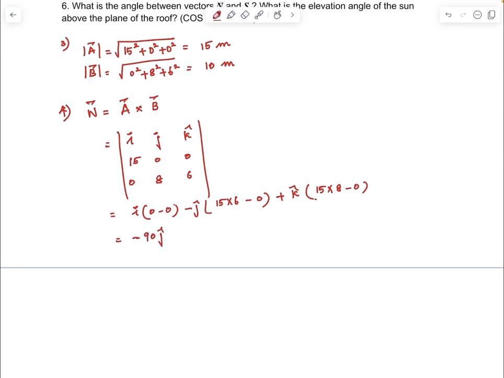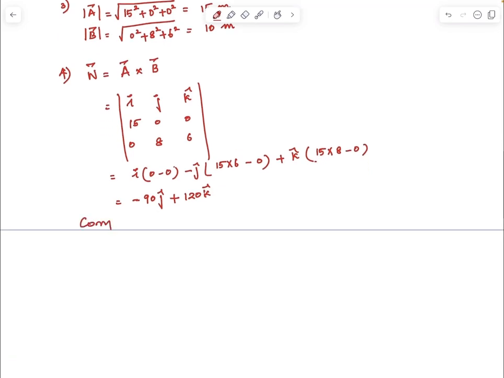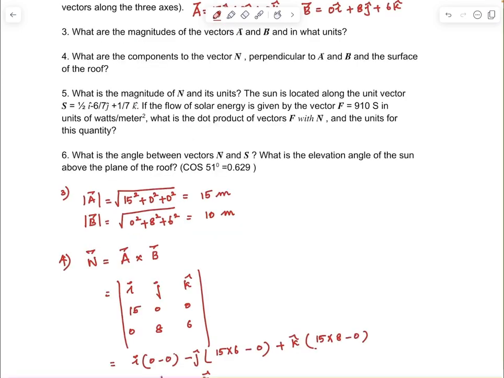So it's minus 90j plus 120k. Components are 0, minus 90, 120.